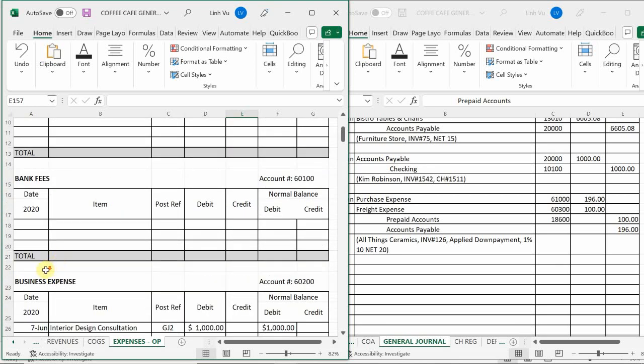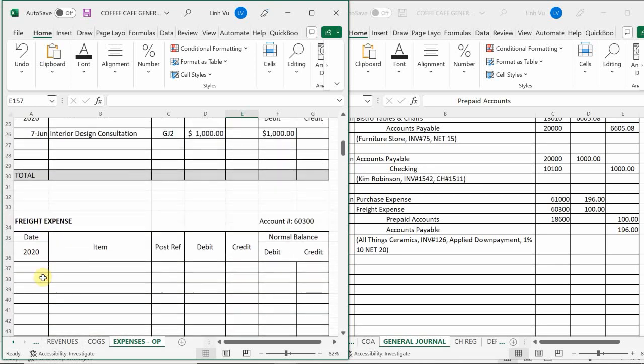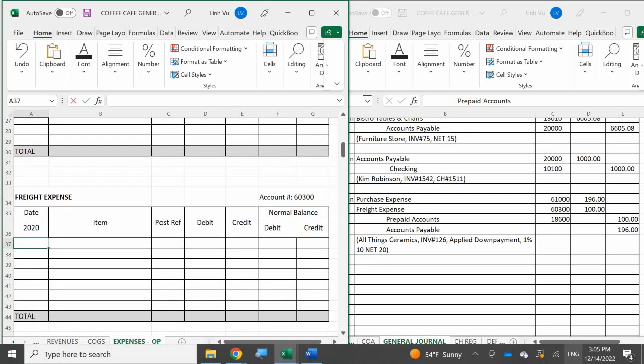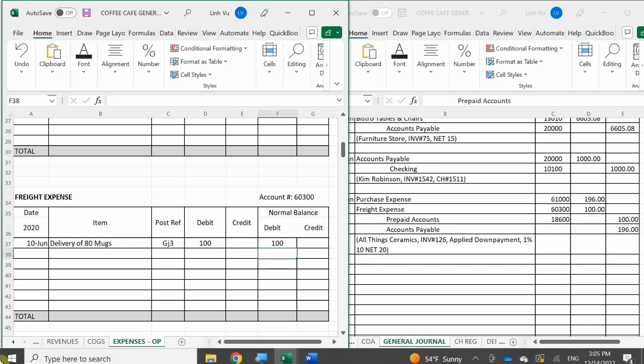So that should be all at the top of your window over here. So freight expense. And you can choose to put in that it is the 10th. And this is going to be for delivery of 80 coffee mugs, right? Or shipping, whatever you want to call it. General Journal page 3 for $100, right?